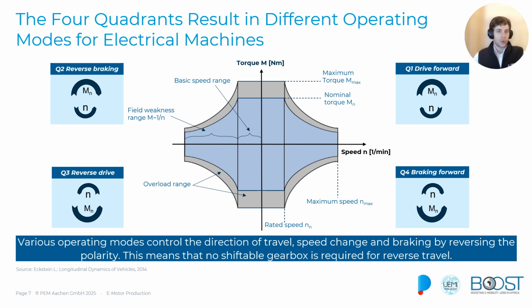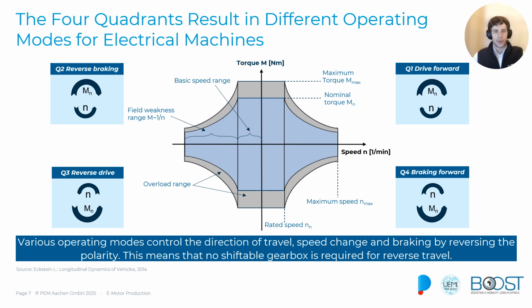The rotor works against the magnetic field of the stator until we stop. And we create in this way power that we can use to charge our battery. That's what we see in Q4. And the principle is the same as in an electric generator.